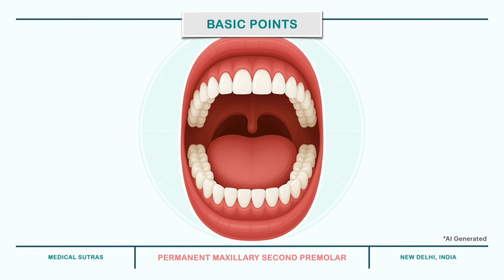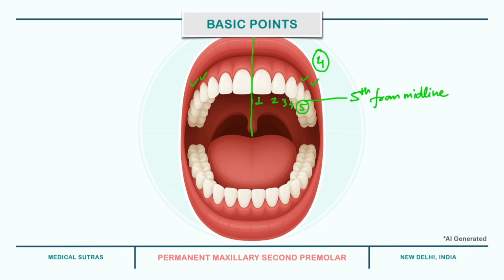There are 4 premolars in the maxillary arch, 2 on the right side and 2 on the left side. The maxillary second premolar is the fifth tooth from the midline. That is, if you draw a midline and start counting backwards, we will get 1, 2, 3, 4 and the fifth tooth is the permanent maxillary second premolar.